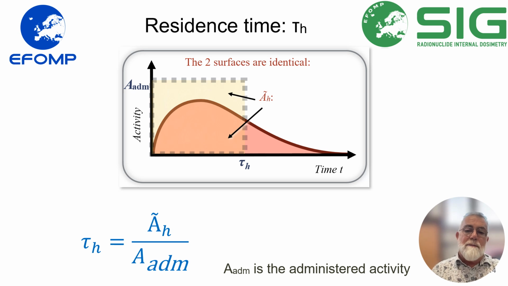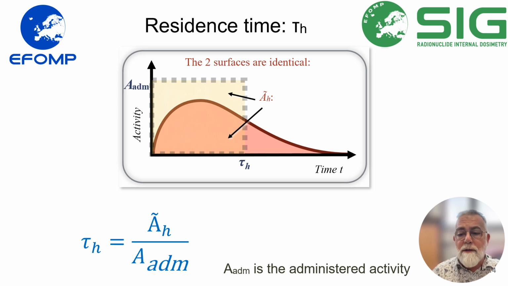So now a concept that is quite often difficult to get, that of residence time. Suppose you want to compare the cumulated activity for 2 patients. You inject the same activity, but in 2 patients, it's not exactly uptaken and eliminated and washed away in the same way. So you may end up having different cumulated activity in patient A or patient B. Likewise, the fact that you have the same cumulated activity for 2 patients does not mean much unless you have administered the same activity.